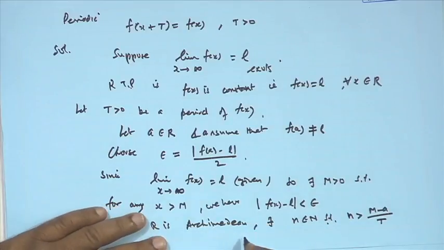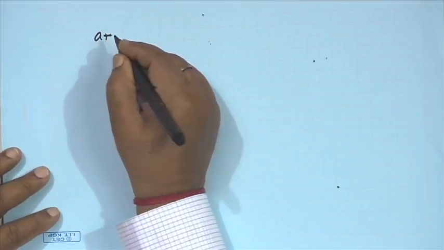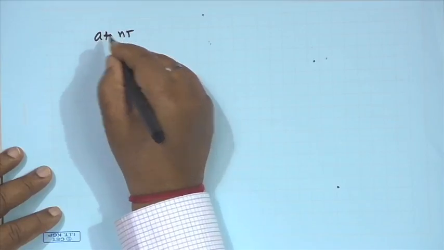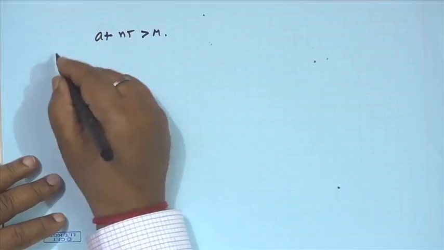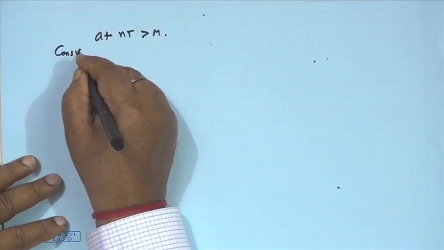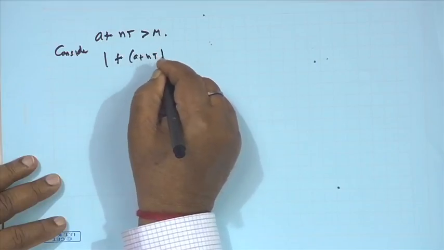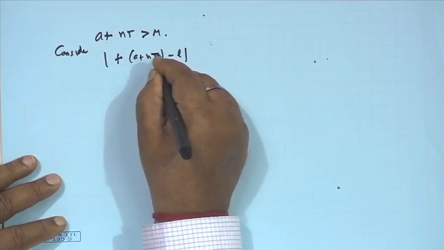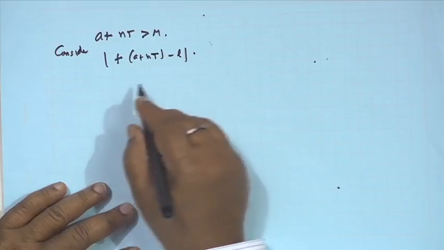It means that a + nT is greater than M. Now consider |f(a + nT) − L|.